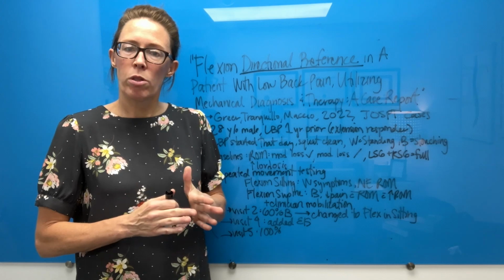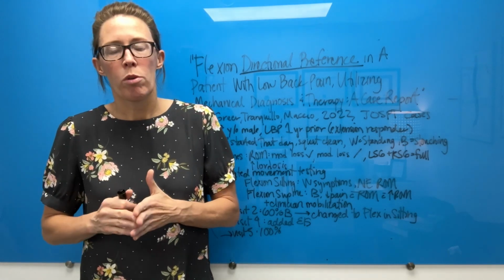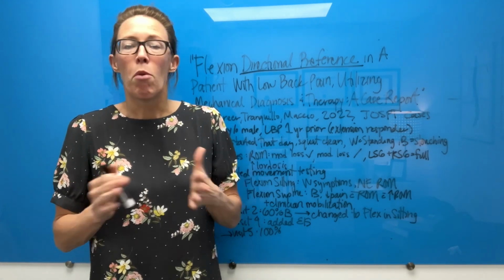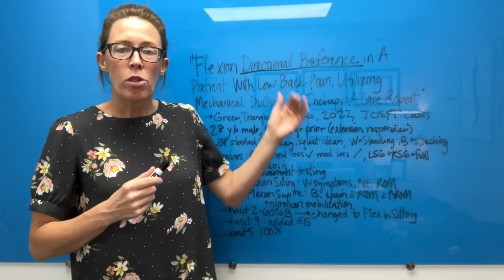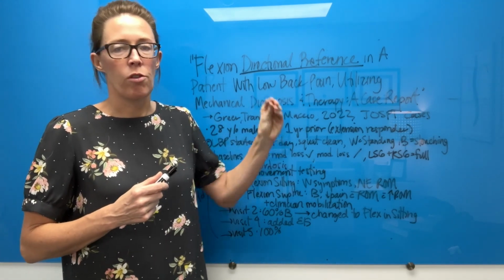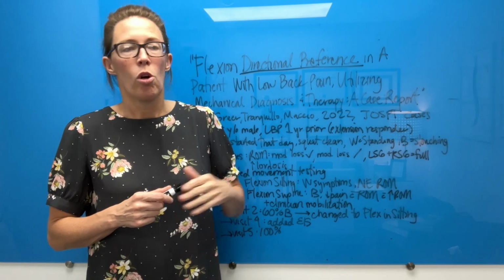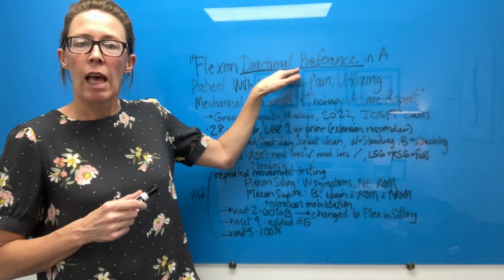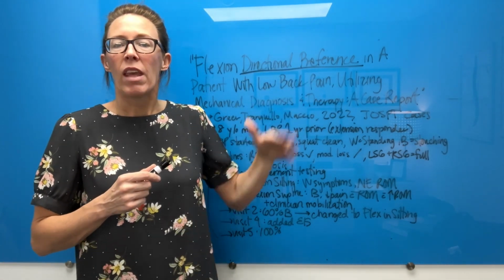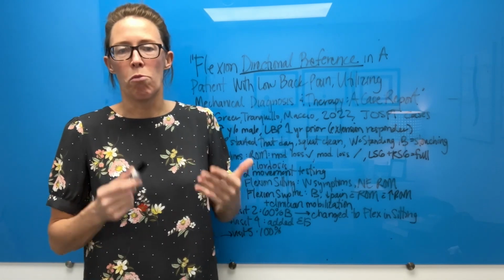But there are people who respond to flexion. There are people who respond to lateral or side motions to the side. So by using repeated movement testing, we can figure out if you're one of those 70 to 80% of people who have a directional preference, and that repeated movement testing in those cases will tell us which movement the patient needs.